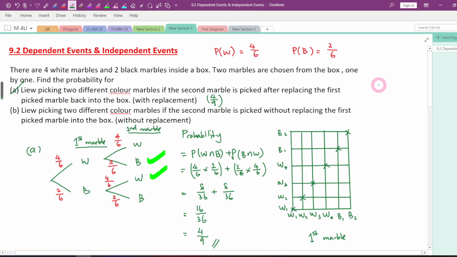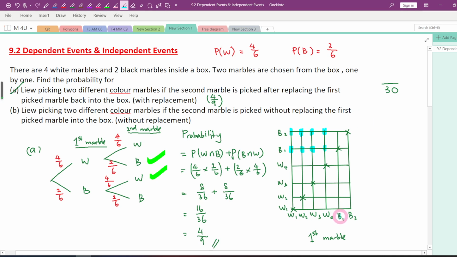So in total, how many outcomes do we have? 6 times 6, you get 36, minus this 6, you get 30. Okay, so still the same, we want to look for 2 different colors. So white needs to pair with black. White, black. White, black.